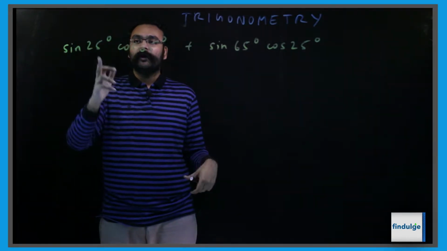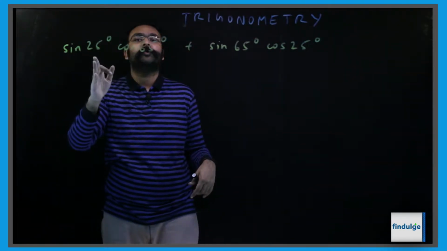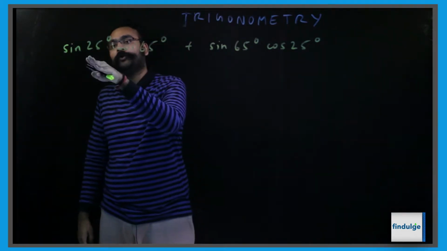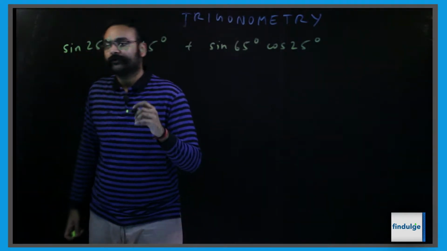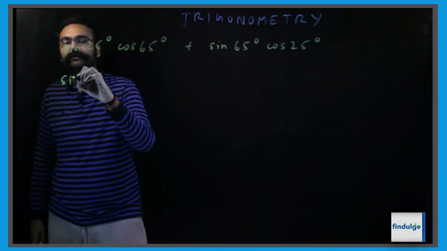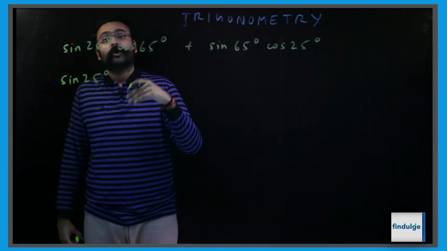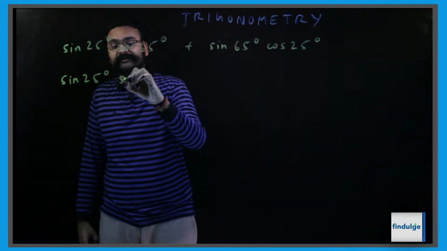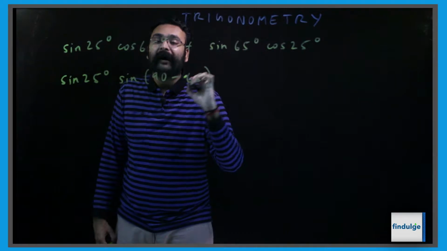Traditionally, what we do is pick one of the angles, either 65 or 25, and change the other one. I am going to pick 25 to stay the same. So sine 25 doesn't change. Cos theta is equal to sine 90 minus theta.